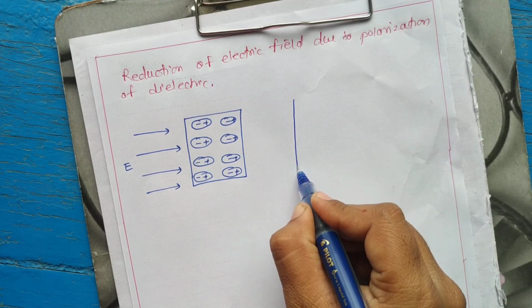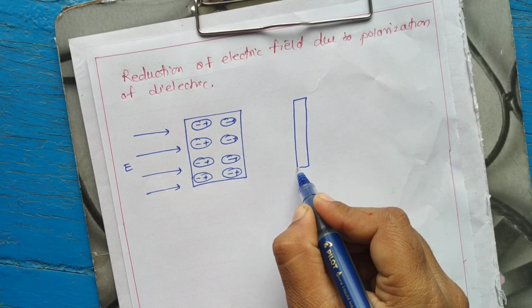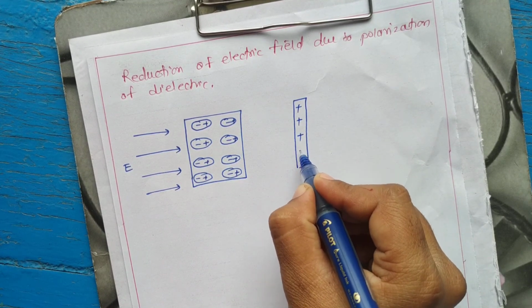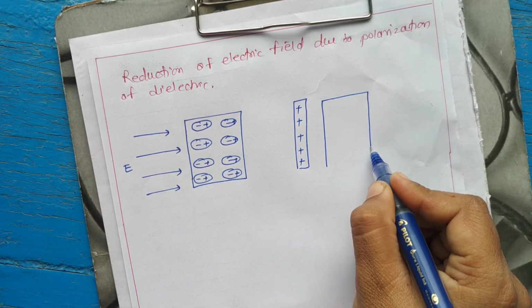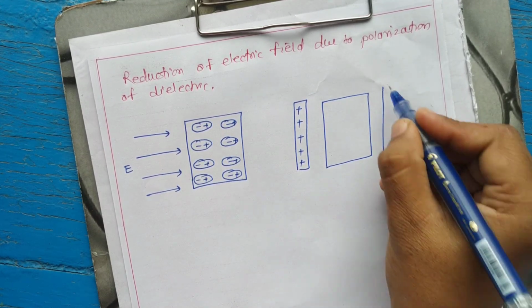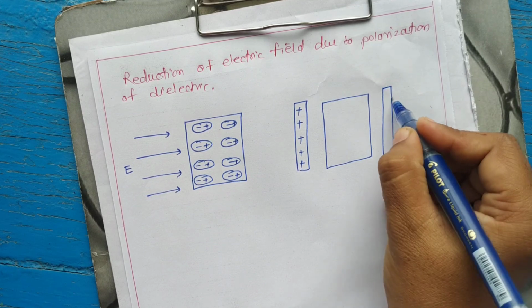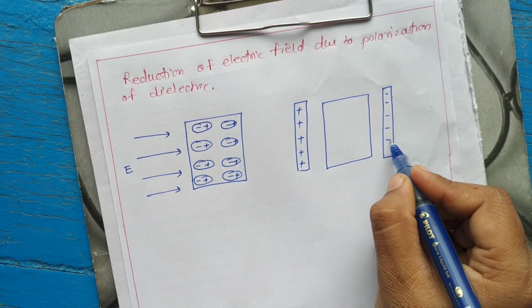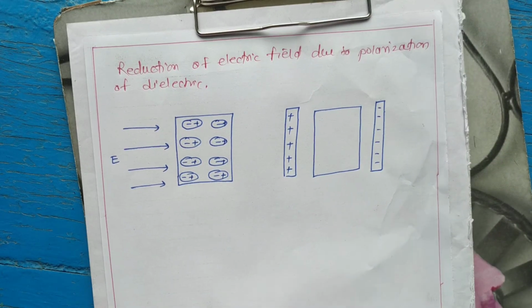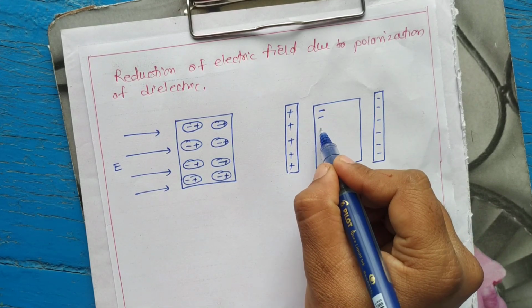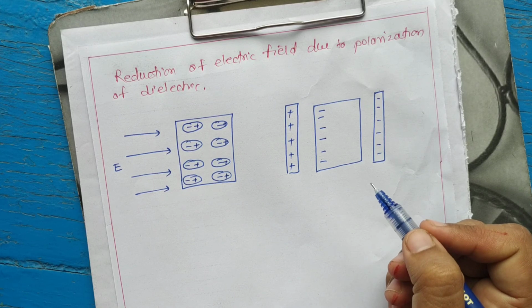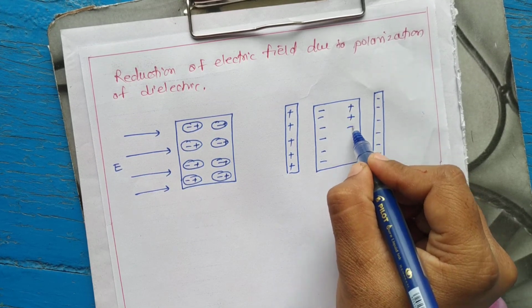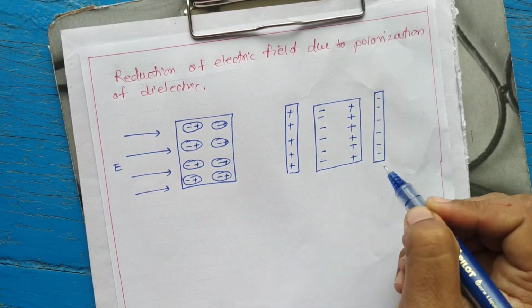Suppose this is the positive metal plate, this is the dielectric slab placed in the electric field, and this is the negative metal plate. Then negative charges will be induced at the positive plate side and positive charges are induced at the negative plate side.